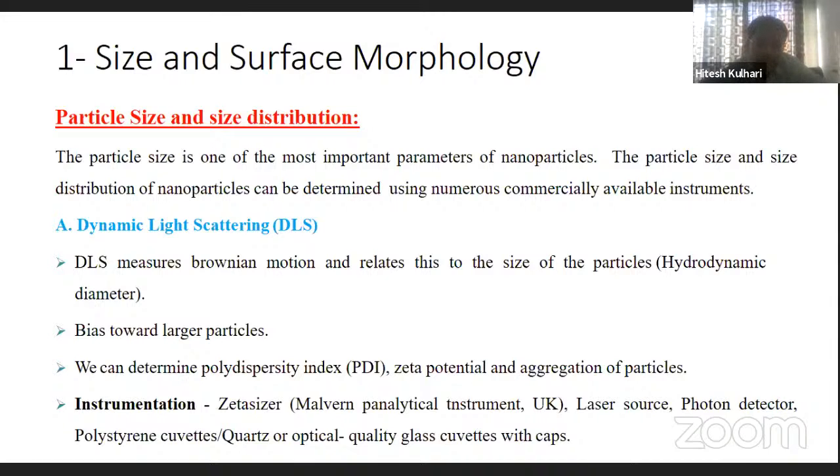because particles have a size less than 5 micron, and nanoparticles have a size less than 1 micrometer. So they show Brownian motion, and because of this Brownian motion, we can determine their size. The instrument used to determine the particle size is the Zetasizer, made by Malvern Scientific Instruments, UK.